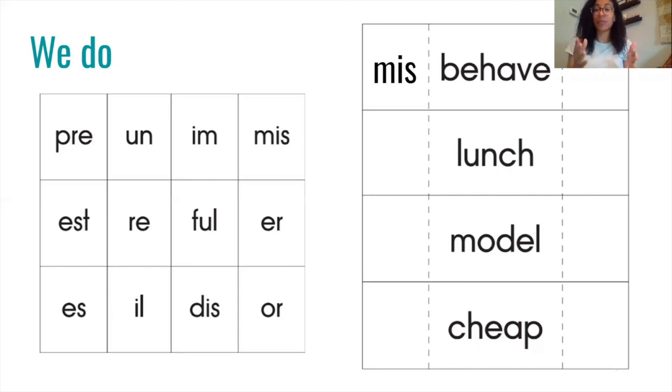You've probably heard the word remodel, as in to remodel a house. And then our last word is cheap. Our base word is cheap. You're looking at the affixes. All right, so let's review. Cheaper. You might even see cheapest on there, and that's totally fine.